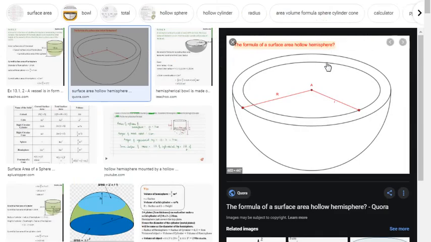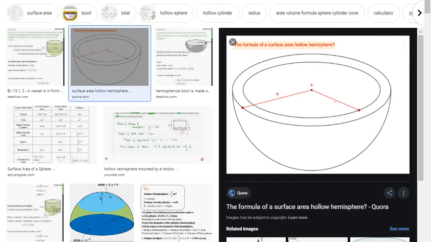See, hemisphere means half of the sphere. Internal radius 15, external 16. This thickness, in one case it is ignored, in other case it is considered. Either way, what we have to find out is the surface area, external plus internal, and then multiply it by the cost of painting.